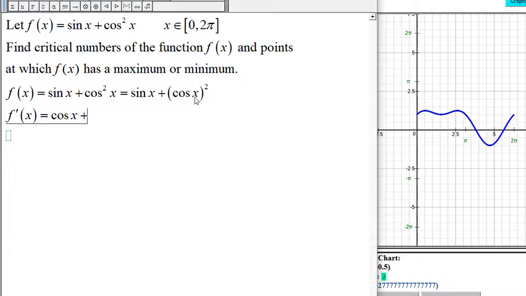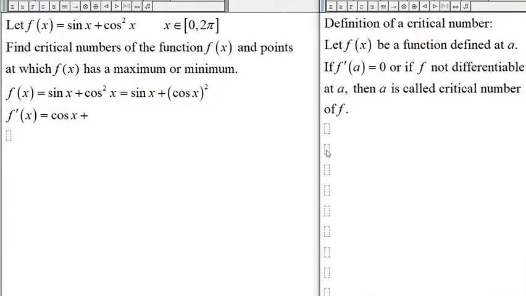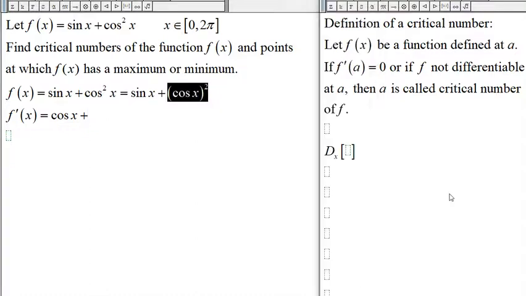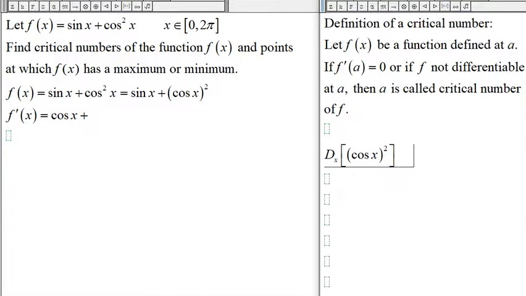And then for cosine squared, we can let u be cosine of x, and then use the chain rule.